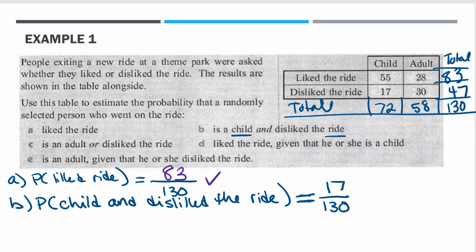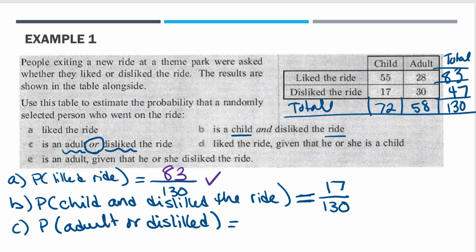For C, it's asking the probability that we have an adult or disliked the ride. So again, we're not looking at conditional probability yet because we're not told that one event has happened given that another one has already happened. So let's write down what we're looking for: adult or disliked.